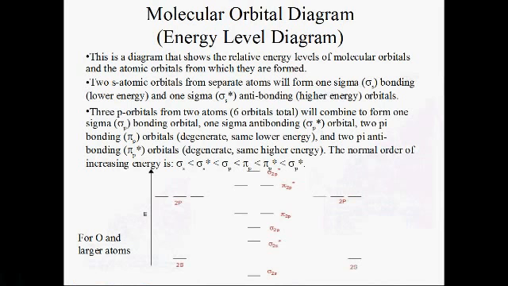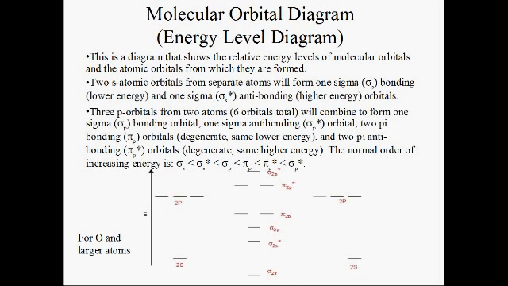Now that we have these energy level diagrams, what we do is fill them with the available electrons. So that's a diatomic molecule of the same atom, carbon 2, boron 2, oxygen 2, fluorine 2.